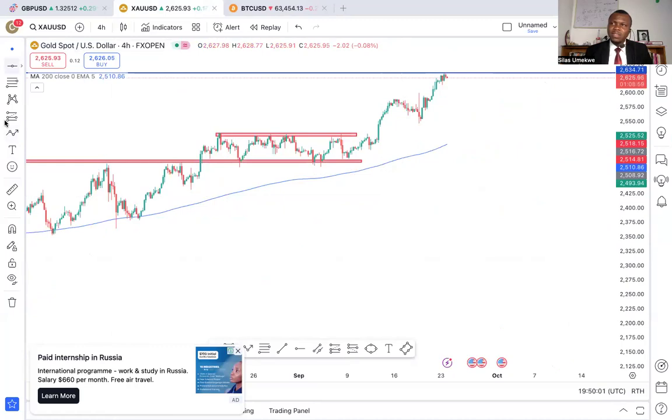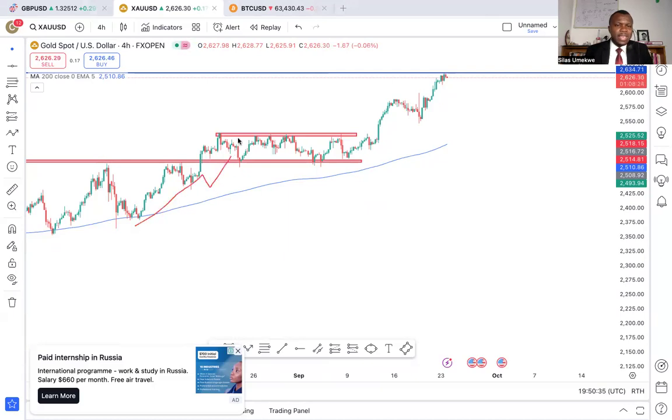Price has been rising, forming different things.